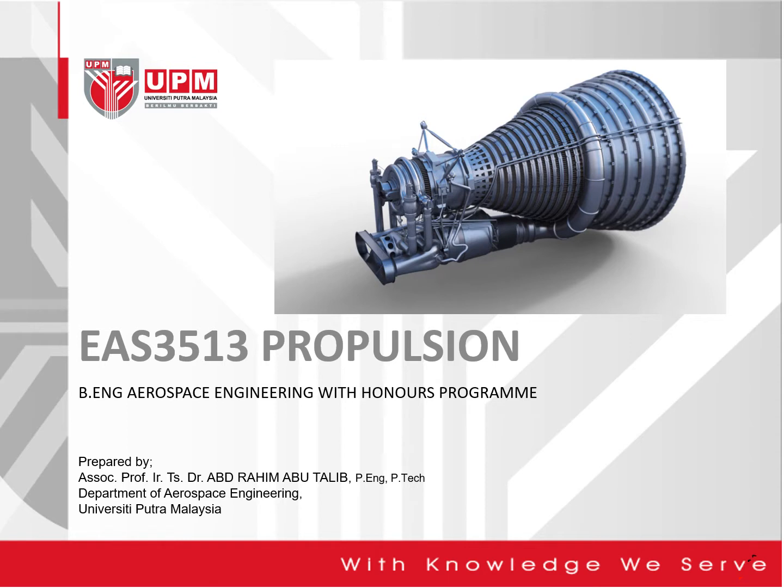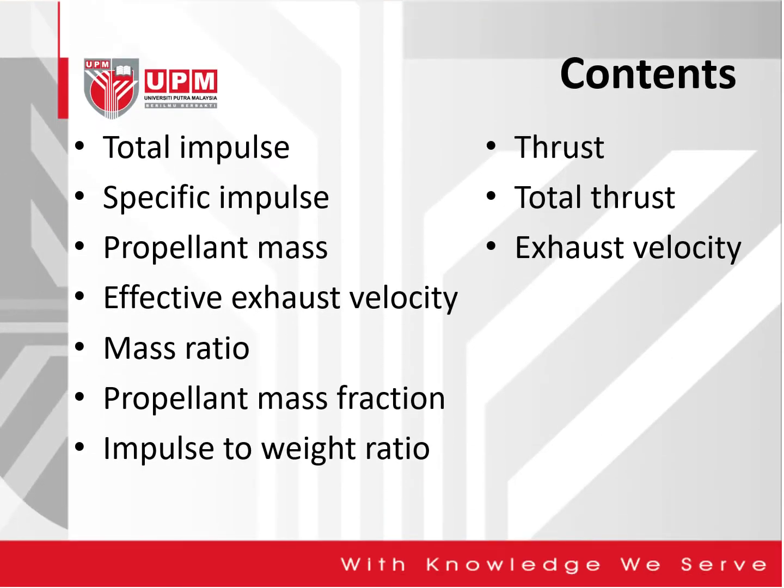We shall continue our discussion on the topic of rocket propulsion. In the previous two videos, we have gone through the total impulse, specific impulse, propellant mass, and effective exhaust velocity.